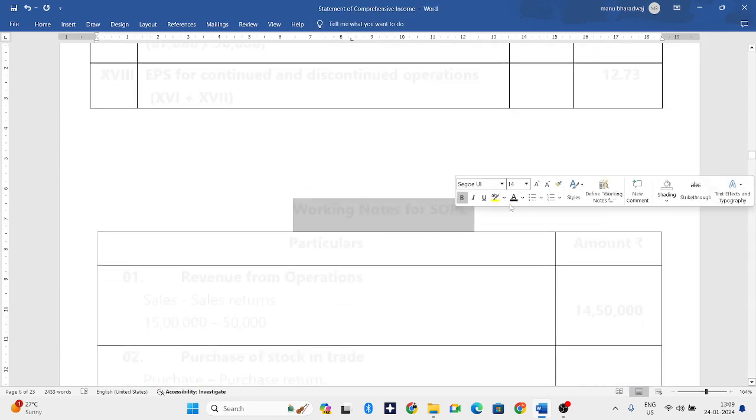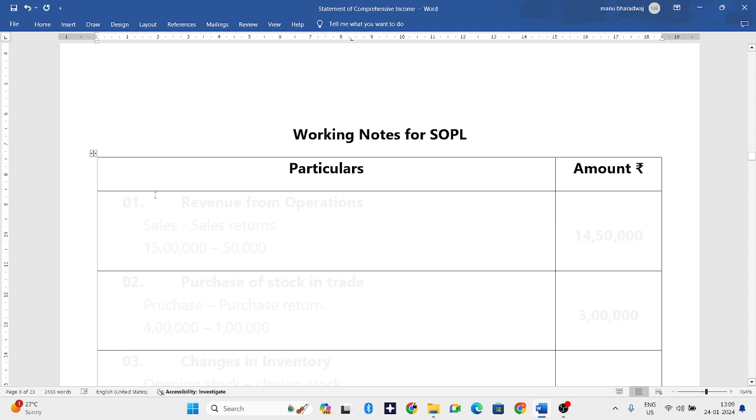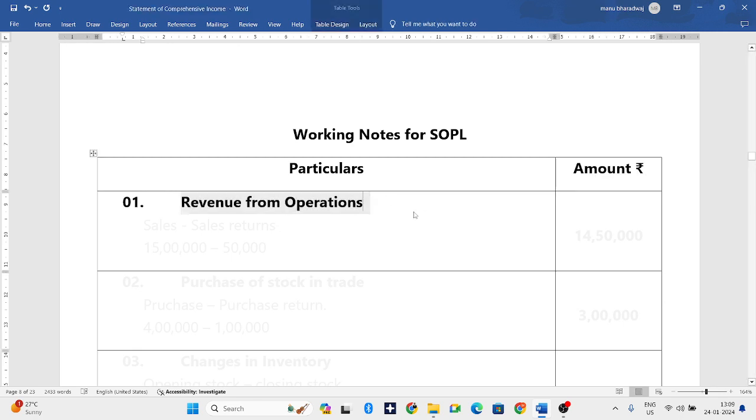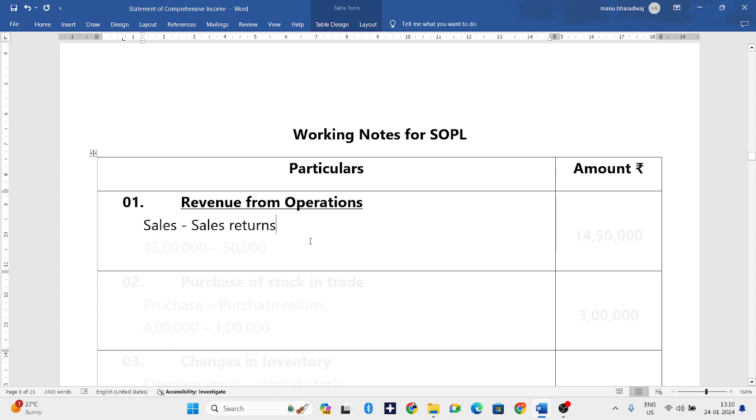So we have to start preparing the working notes for SOPL. It will have two columns, particulars and amount. In that, note number 1 will be revenue from operations. We are finding out revenue from operations. So we have sales and sales returns. From sales, we have to subtract sales returns.